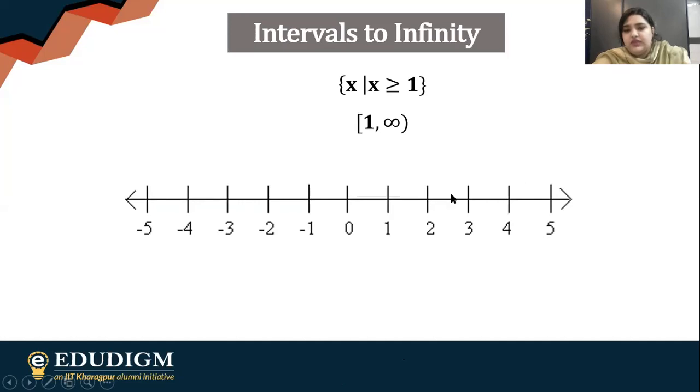So from 1 we are going to the right and it can get as big as it wants, going towards infinity. Now we have included this 1 because there's a closed bracket, and also the original inequality has an equal sign. But never use the closed bracket for infinity. This is a general notation we use because infinity is a concept and is not enclosed, so we don't include it.